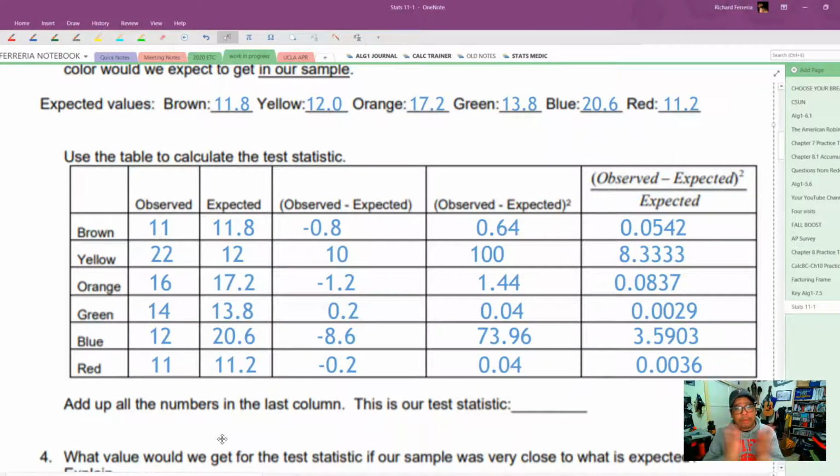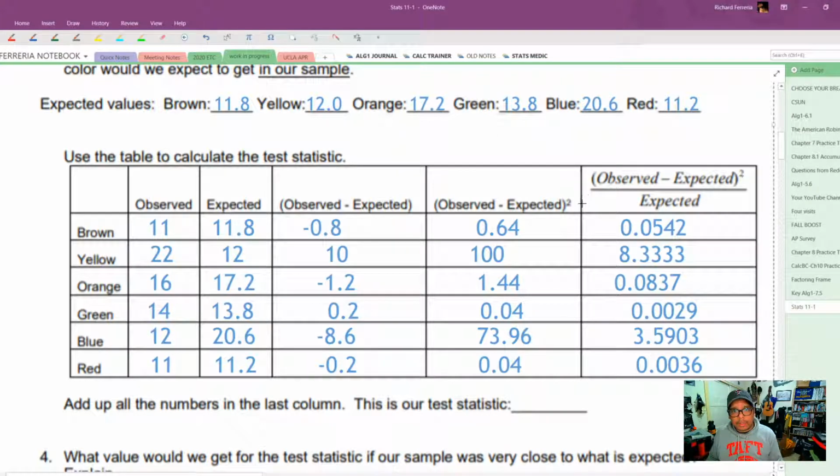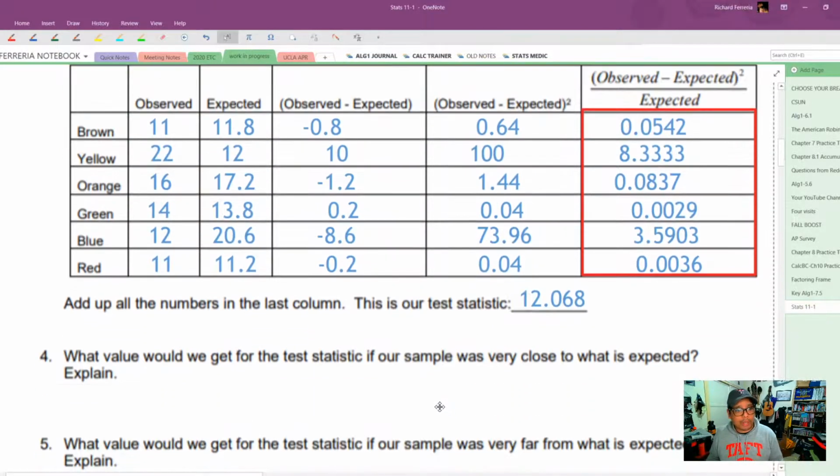Now that we've filled out our chart, the really important row is the one at the very end. When we add these numbers together, they give us our test statistic, and that's 12.068. I hope you've been paying attention through that, because that is exactly what we're going to be doing on our tests.